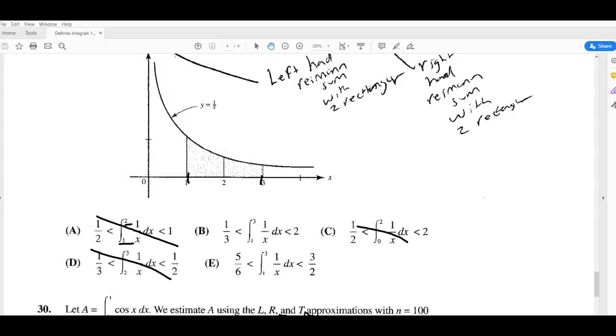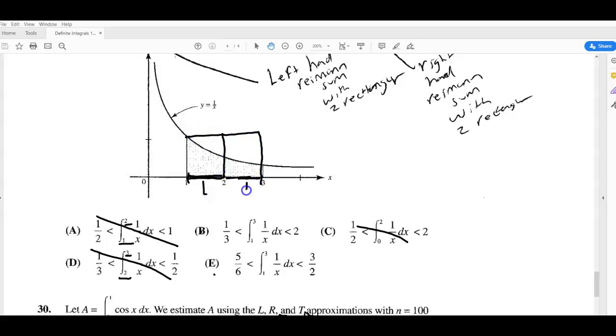So it's either E or B. I guess technically they could ask us about these ones though. So we'll see. Because we don't need to do both, but we'll see. I think it's going to be B or E. Since they said we have to do 2 subintervals, I think you have to do the whole thing there, 1 to 3. All right, so if I'm doing a left-handed sum, these would be my rectangles.